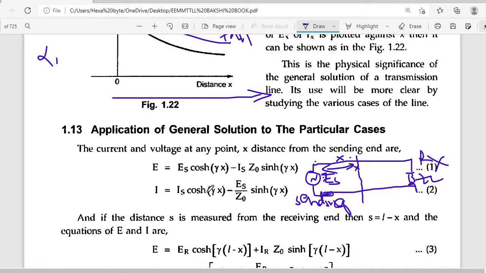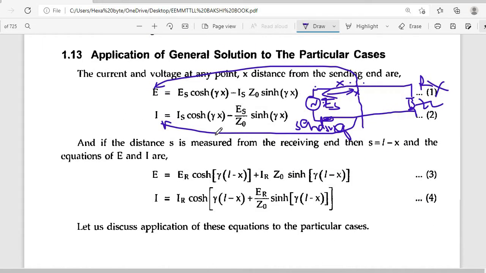So for that x distance I am getting potential, voltage as well as current. So E is equal to Es cosh γx minus Is Z0 sinh γx. I is equal to Is cosh γx minus Es by Z0 sinh γx.